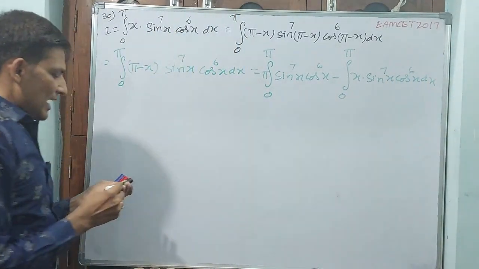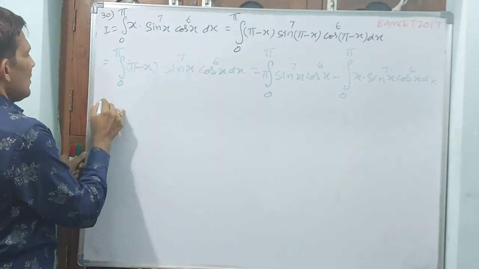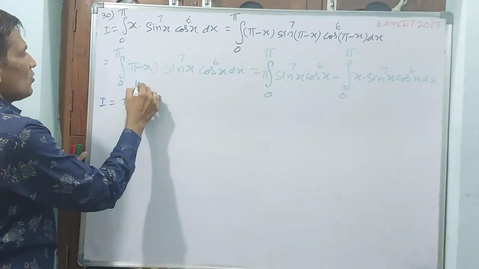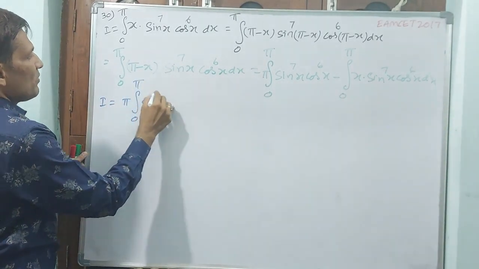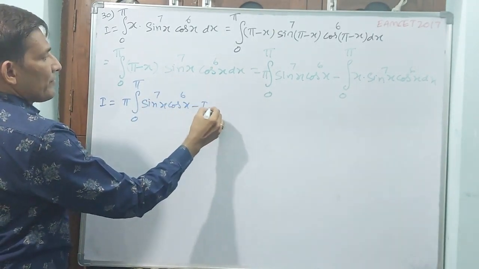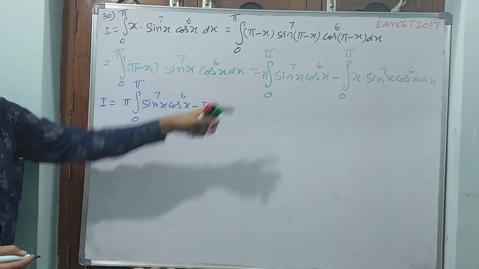What is this? This is I. Write down. I is equal to pi times integral 0 to pi sine to the power of 7x, cos to the power of 6x minus I. Okay, that is I, same.